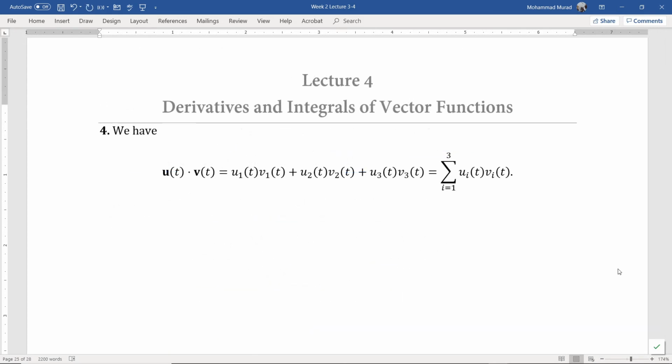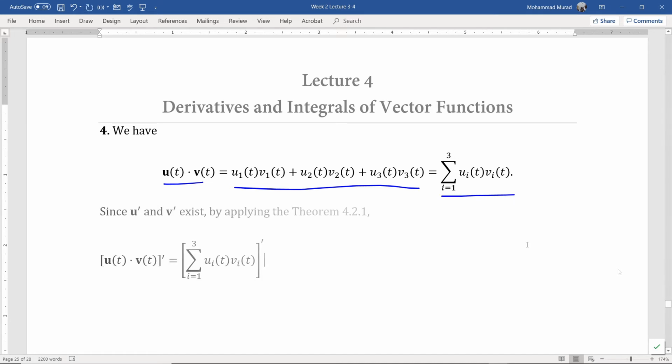To prove statement 4, we have the dot product of two vector functions u and v as shown here. Instead of writing 3 terms, we would like to use the summation symbol. Since u prime and v prime exist, by applying theorem 4.2.1, we get the derivative of the dot product of u and v as the derivative of the sum of the products of the component functions.